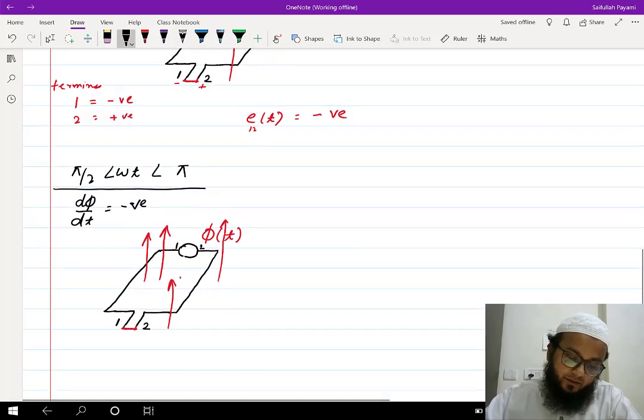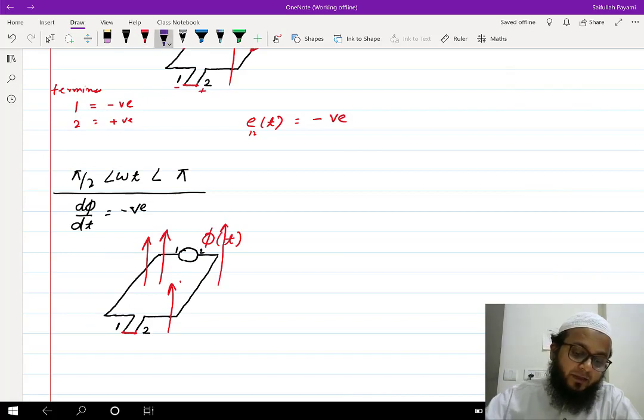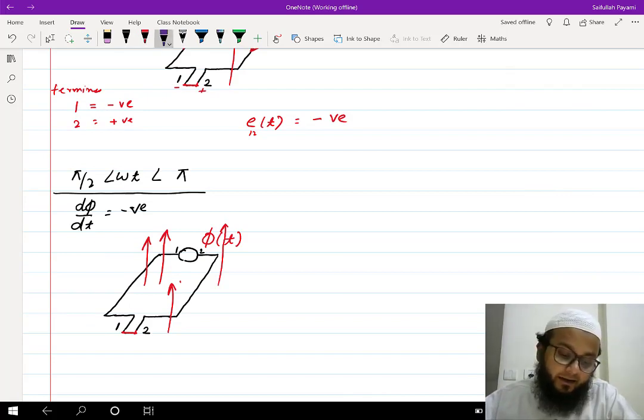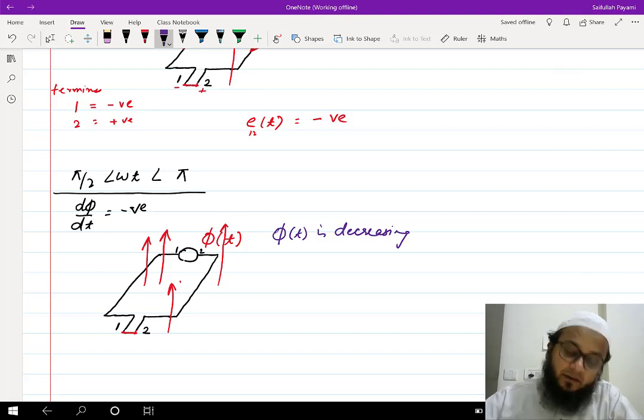Okay, so if I short these terminals 1 and 2, then the direction of the current should be in such a way that, obviously here d phi by dt is negative, that means phi t is decreasing. So if the flux is decreasing, then if I short this terminal, the direction of the current should be in such a way that it should increase the flux, and this is only possible when the current is in this direction, counterclockwise.